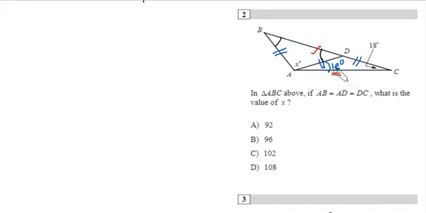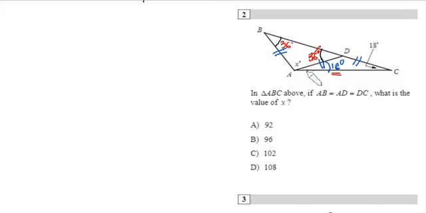So 18 plus 18 is 36. So this angle must be 36, and this is again an isosceles triangle where the base angles are equal, so this will also be 36.